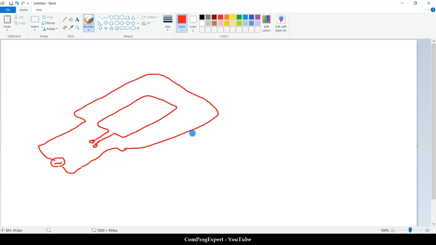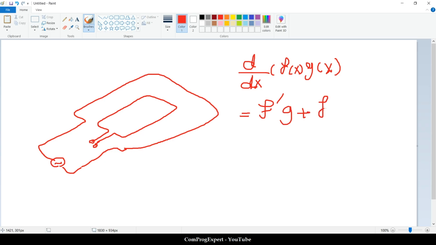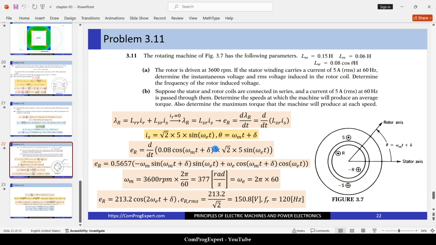Okay, you know that the derivative with respect to x of f(x) times g(x) is equal to f prime g plus f g prime. You know that. So in this case, if you simplify the numbers, do the multiplications, we will have this induced voltage.